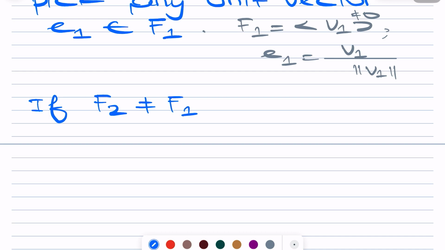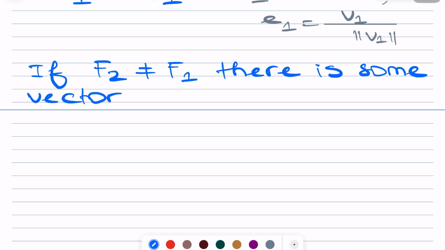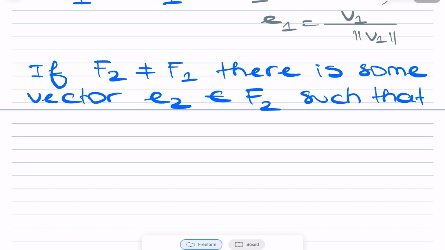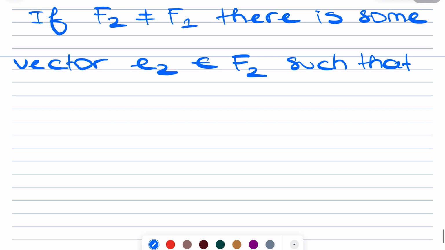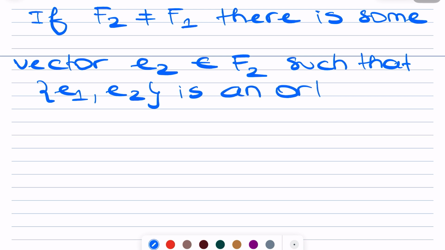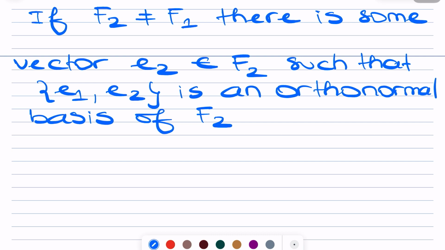If they are the same, then just keep e_1.